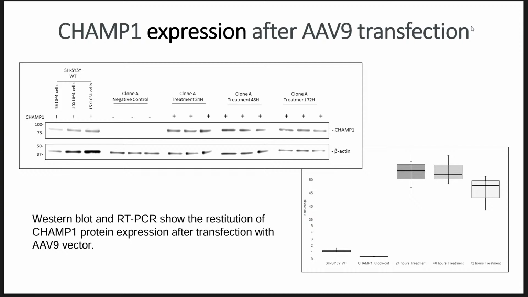And we were successful in that mRNA expression increased and stayed upregulated. For proteins, you can see the first one is wild type, then the clone with no CHAMP1 expression, and then expression comes back after treatment and stays detectable for the whole experiment duration. So we consider it a good proof of principle.